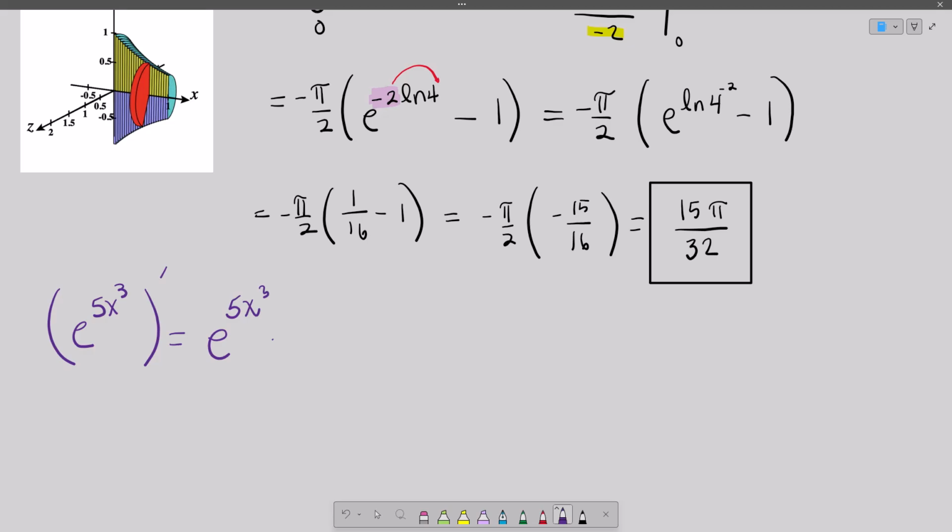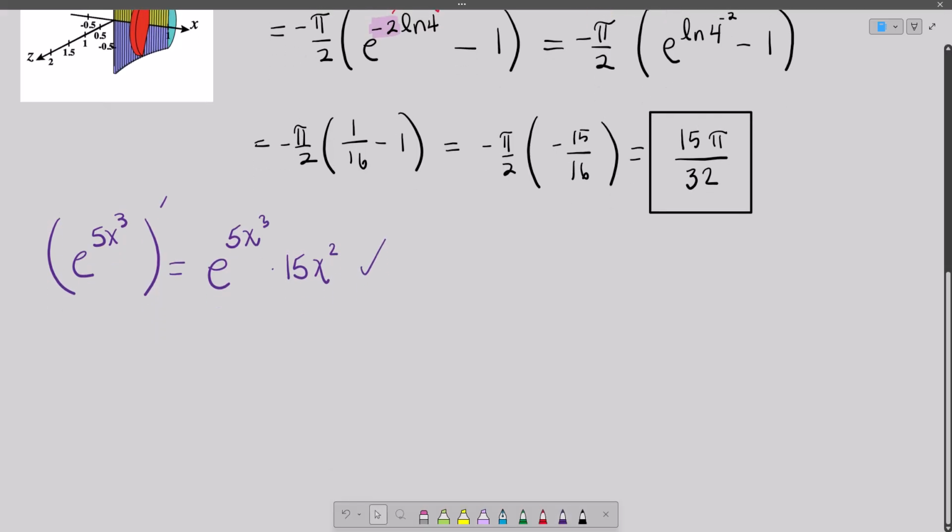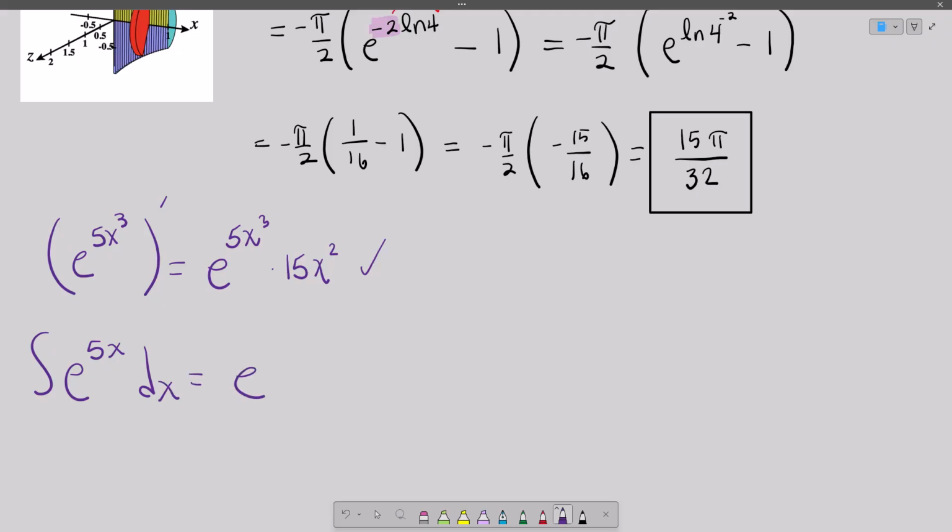Doesn't have to be linear, can be anything, multiplied by 15x squared. No problem. But when we're doing reverse chain rule, for it to work, this exponent up here has to be linear. So this will be e to the 5x over 5 plus c. All right, so reverse chain rule only works in that one special case, when the substitution is linear.